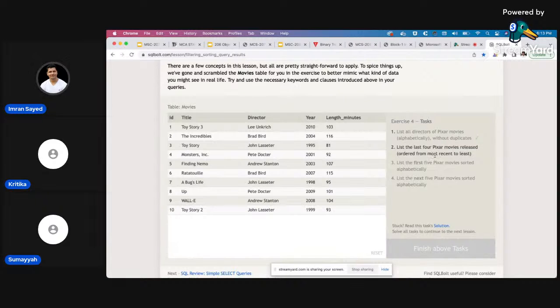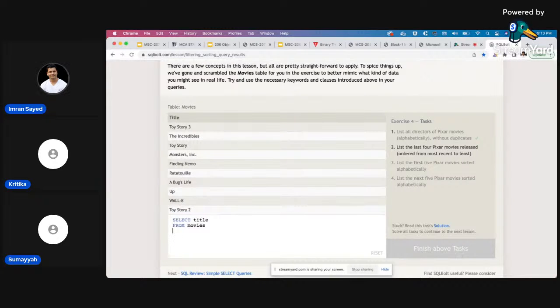List the last four Pixar movies released, ordered from the most recent to the least. So select the title of the last four movies released from movies.